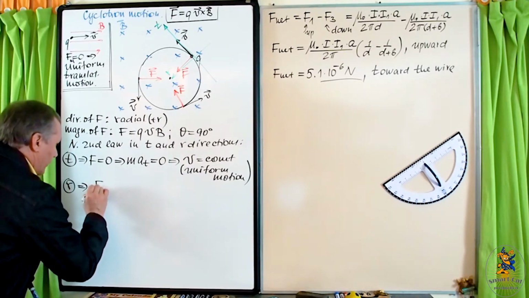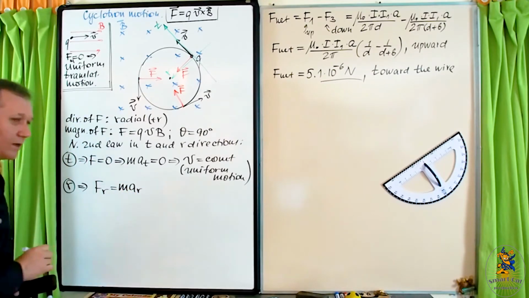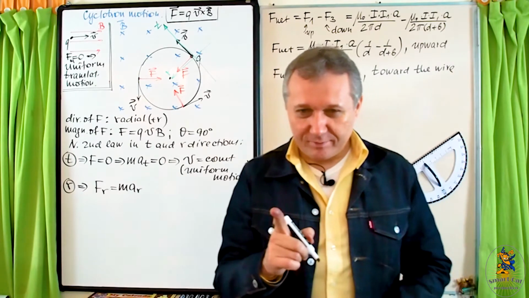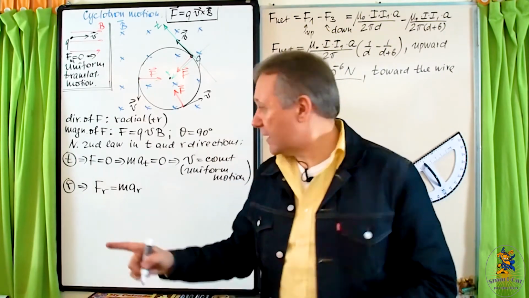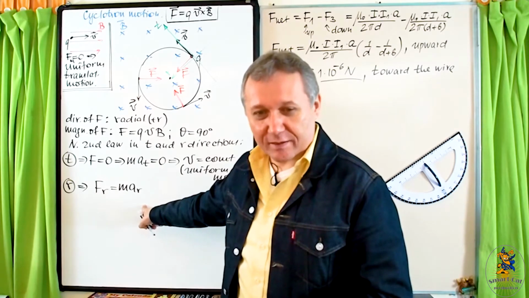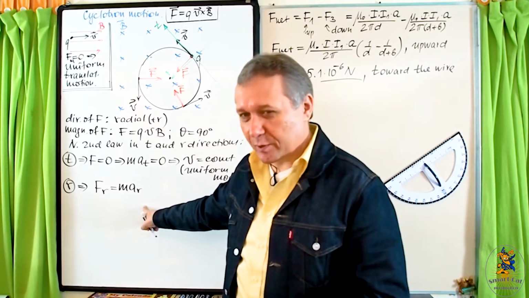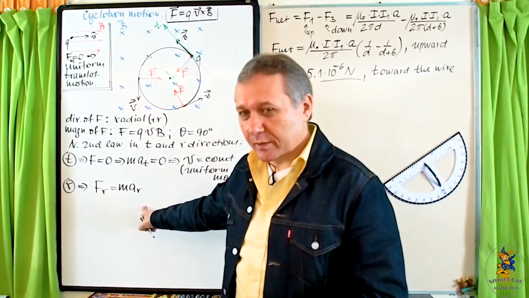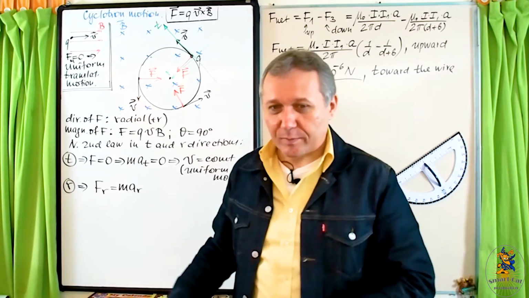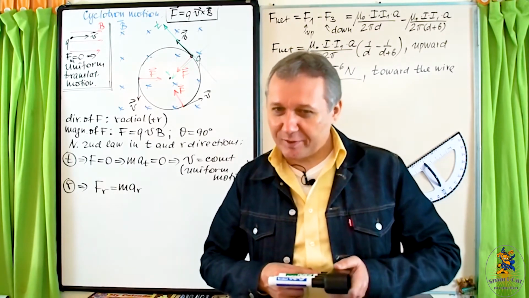All right, so now the force in the radial direction equals mass times acceleration in the radial direction. Which acceleration do we have here? A sub r. Again, it's Physics 1. When you analyzed the motion of satellites around the Earth, you remember that acceleration? It's called centripetal acceleration, right? Usually students remember the name, but most of the time they don't remember the expression for centripetal acceleration.